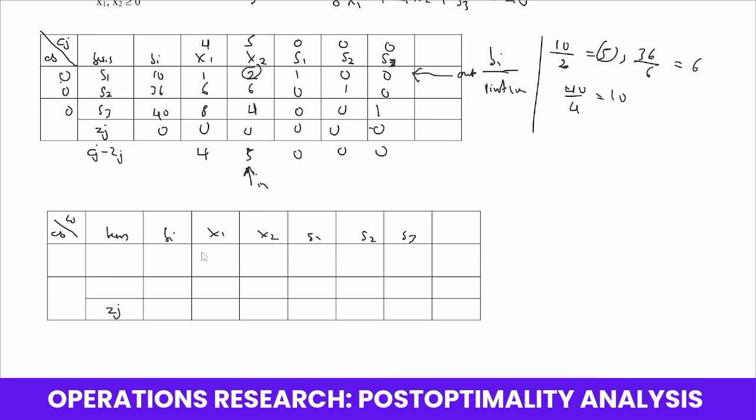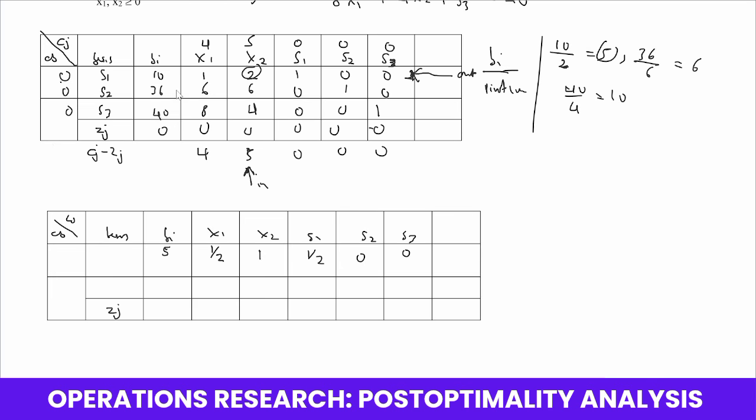What you have to do is for the pivot row, you divide all the numbers by the pivot number. So this row is the pivot row. So you divide all the values by the pivot number. So 10 divided by 2 gives us 5. 1 divided by 2 gives us 1 on 2. 2 divided by 2 gives us 1. 1 divided by 2 gives us 1 on 2. 0 divided by 2 is 0. This one too is 0.